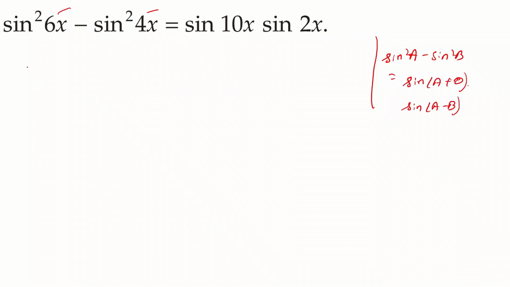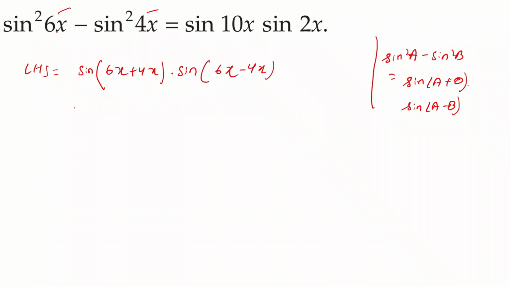So what we do here is we take the LHS, and we can write the LHS as sine a plus b multiplied by sine a minus b. One step more for simplification, sine 10x times sine 2x, and this is what the RHS is. Done.